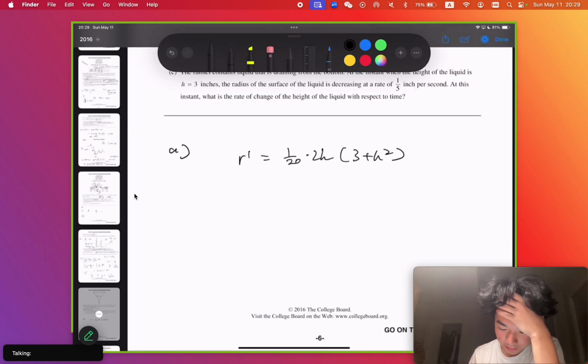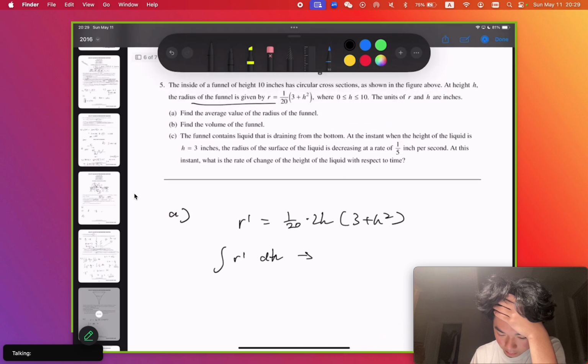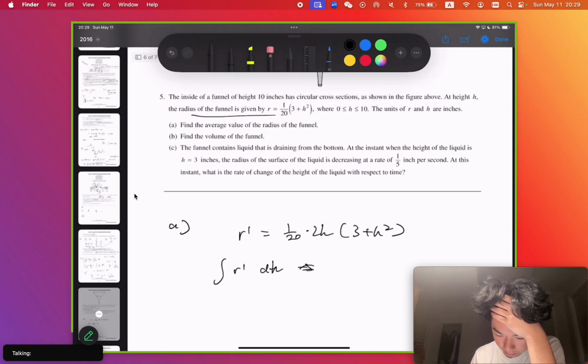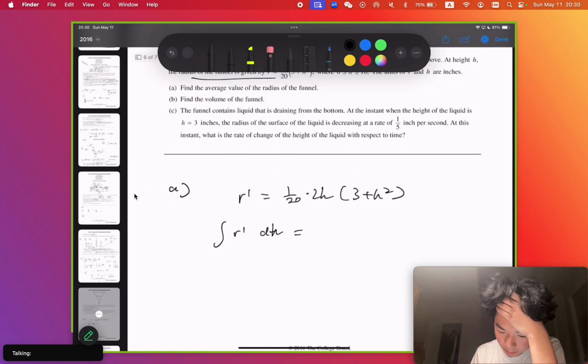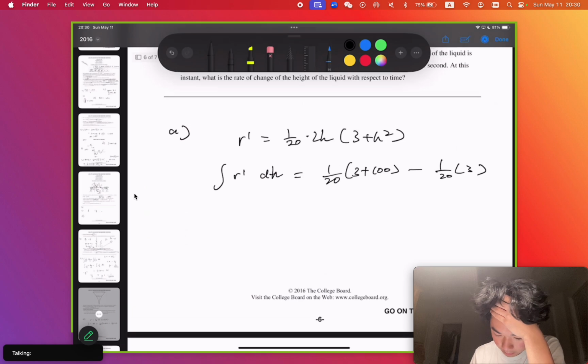All right, yeah, so if you take the derivative of this thing, dh, you get fundamental theorem of calculus. This whole thing equals, yeah, you don't have to actually calculate the derivative. 3 plus 100 minus 1, 3. That's it. Yeah, that's it.